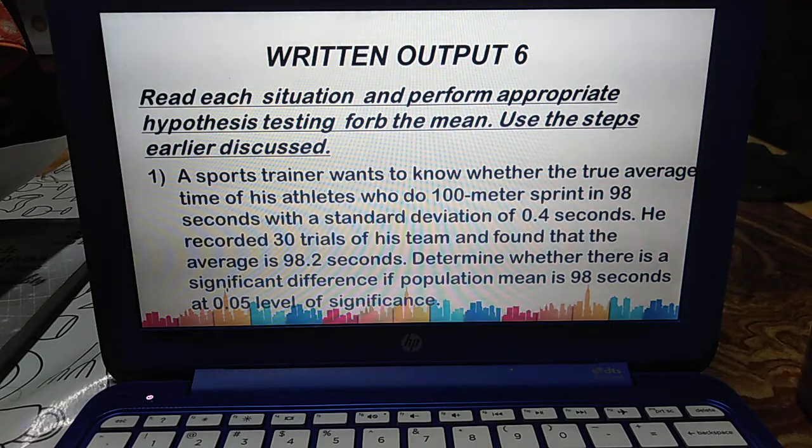And then we're going to compare. We will locate in our curve where the test statistic will fall, either on the rejection area or on the acceptance area of the curve. What will determine the rejection area is the Z value from the table.